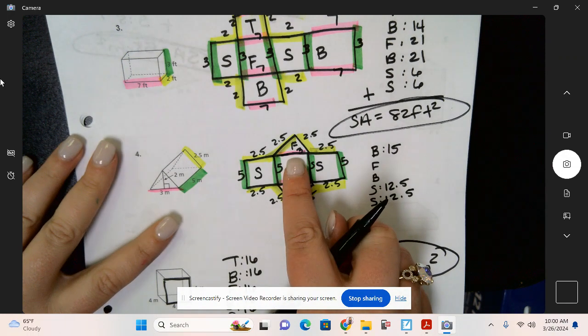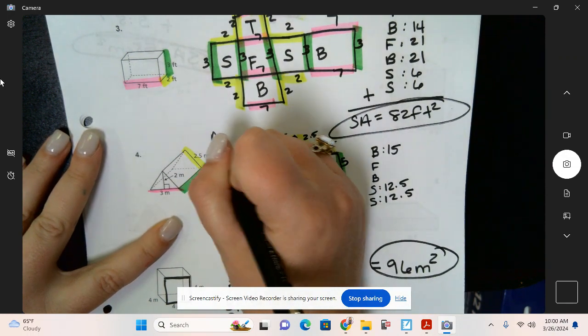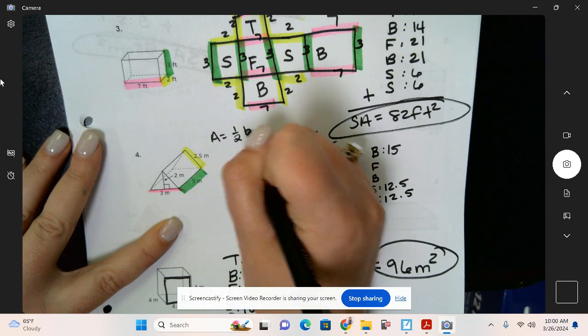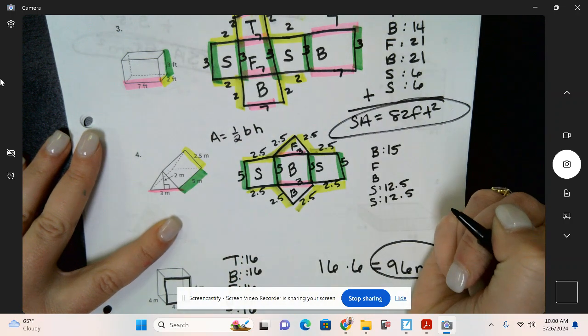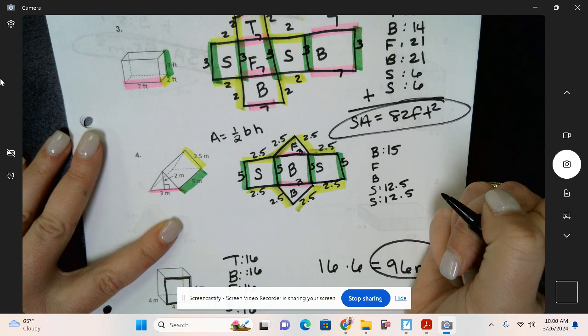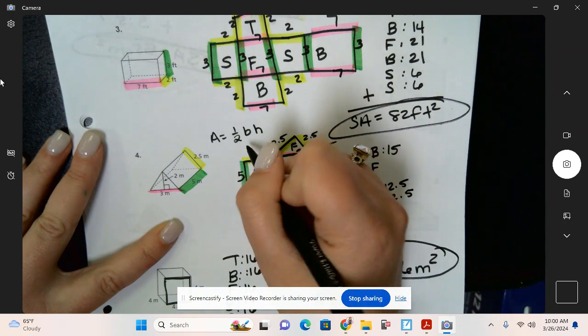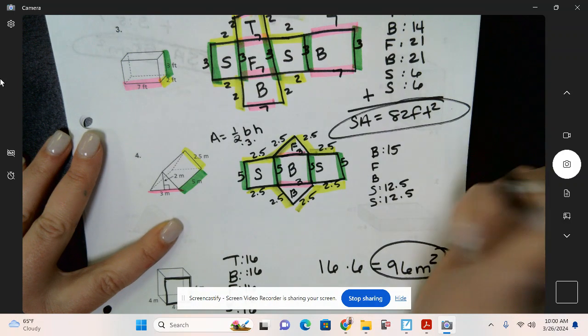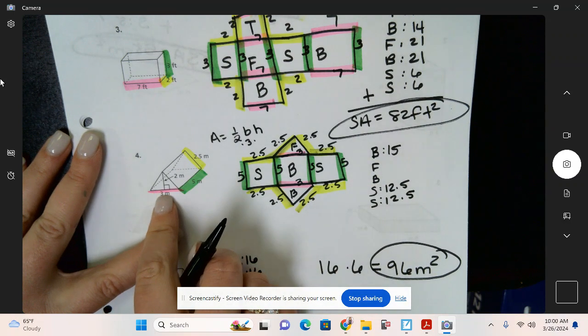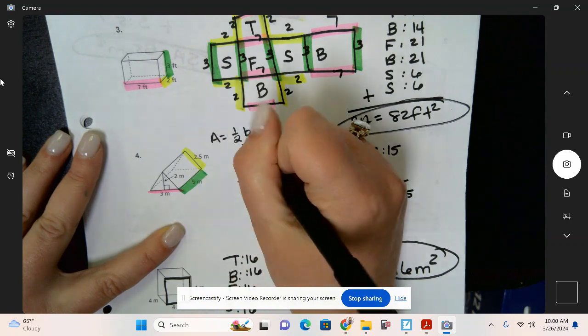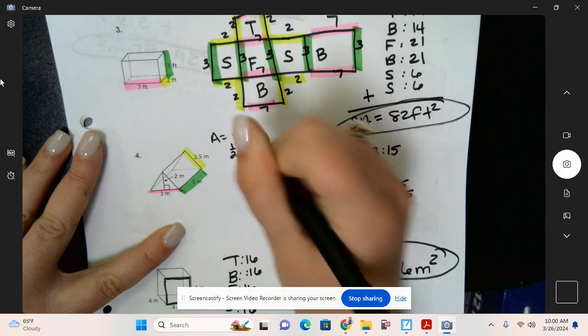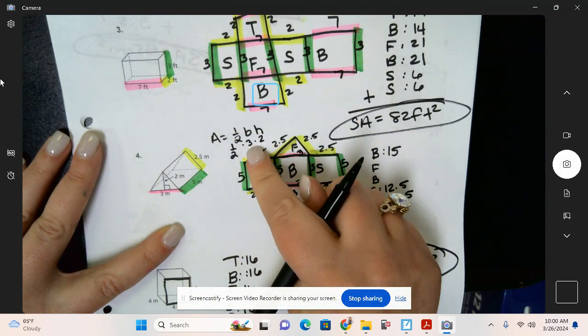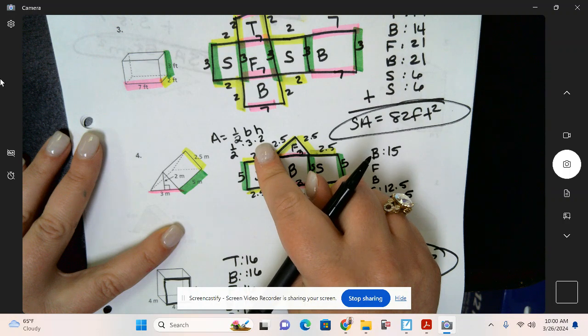All right, so our triangle area equals 1/2 base times height. What's the base of our triangle? 3. What's the height of our triangle? 2. Come back to your original shape. What's the height of your triangle? 2. So 1/2 times 3 times 2. 3 times 2 is 6.